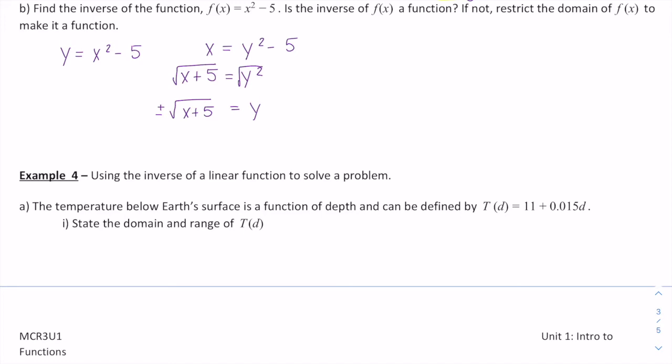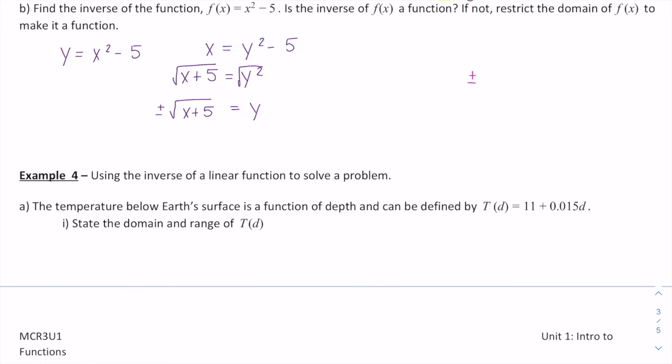Now the second part of the example says, is the inverse of f at x a function? If not, we'll restrict the domain of f at x to make it a function. So if I think about this, I want only one y value for every x value. I'll do a little example here so you can see it. It's a little bit easier. I'm going to plug in, let's say, 4 for x.